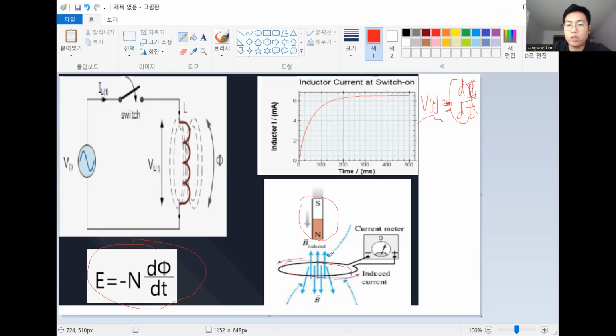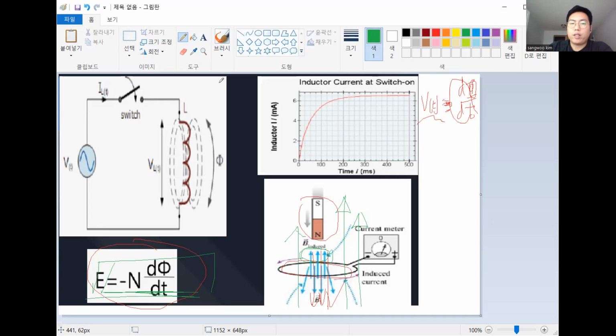So in this picture, the magnet is inside of the coil, but because of inertia, this part goes this way. That's why we have to memorize this equation, okay? So I will define the inductor as something that suppresses the sudden change of current. You know what I mean? It prevents or suppresses the sudden change of current.